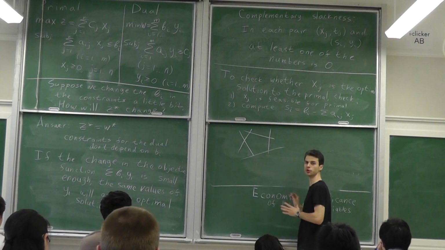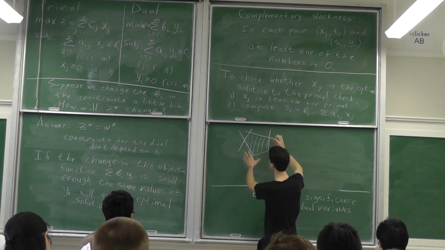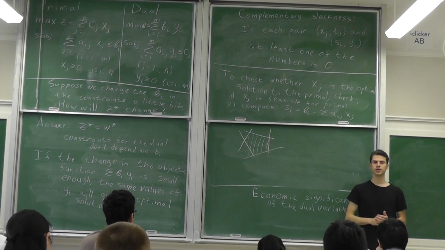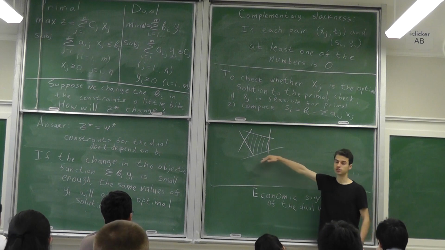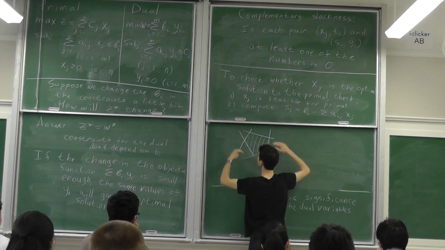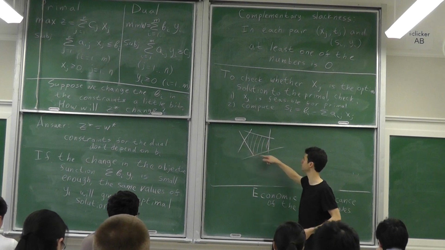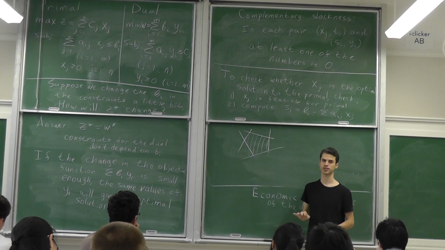You want to look only at the solutions inside of this, in this case, pentagon. So these are the constraints. Your numbers should be above this line, to the right of this line, and so on.